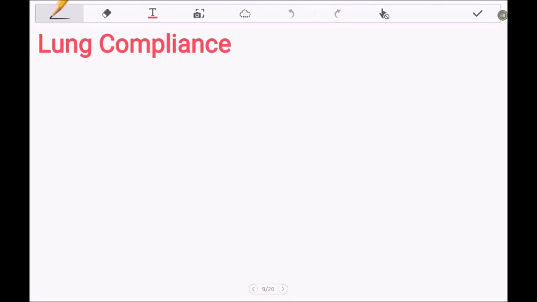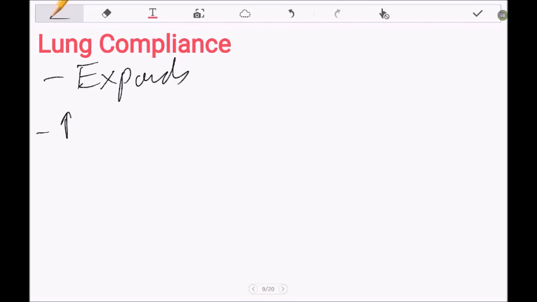Now we're going to talk about lung compliance. Compliance is a principle that talks about how well the lung expands, okay? If your lung has good compliance, then it will expand and recoil with no problem. If the lung compliance is decreased, then you will have difficulty expanding, and the recoil of your lung will not be as effective.